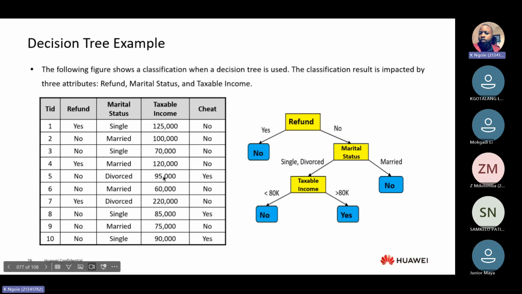So we start from here, the refund. If it's yes, we check there's a yes and a no. Every time we have a yes refund, the cheat is always no. Yes refund, no, no. This is how we're going to build this. And then we ask marital status, married or single, divorced. Then we have that. That is a decision tree.